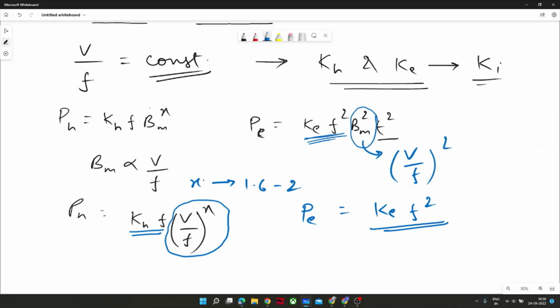If you go for a high speed motor, your number of poles would get lower and your motor size would become smaller and smaller. But at the same time, your eddy current loss and hysteresis loss would also add up. It would be significant, since it varies with F square, which is quite huge.